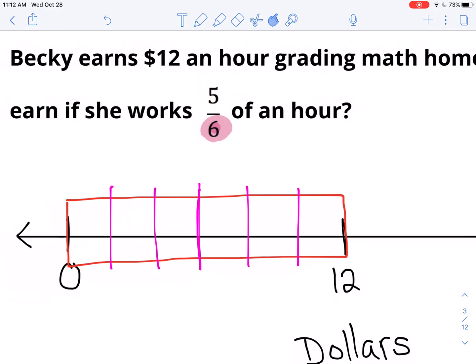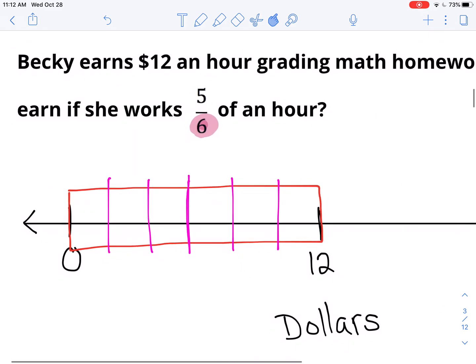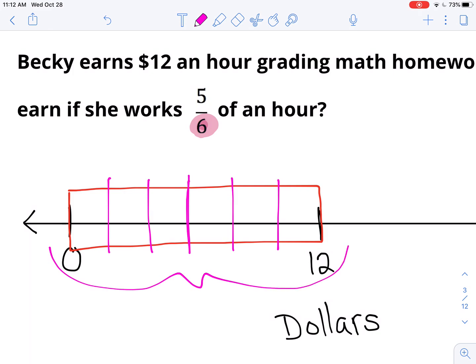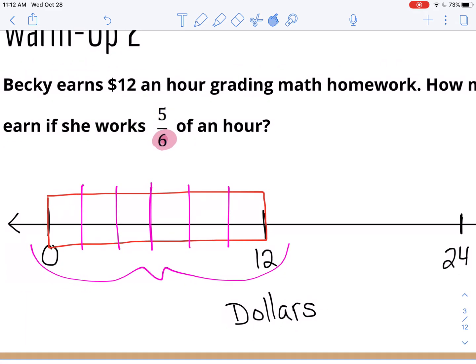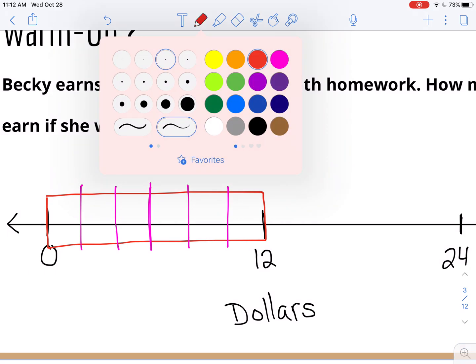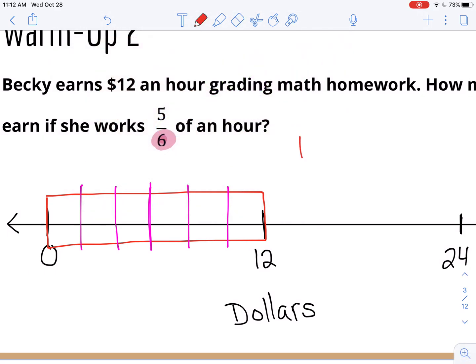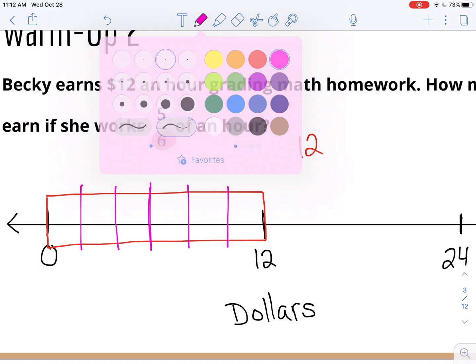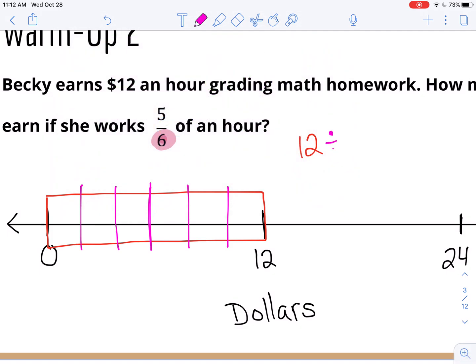All right, how do I find the numbers that go on the bottom? Well, I'd go back to thinking that this whole bar is the same as 1 hour, but it's also the same as $12. The bar got split into 6 equal parts, so because it's equal parts, that's a divide by.